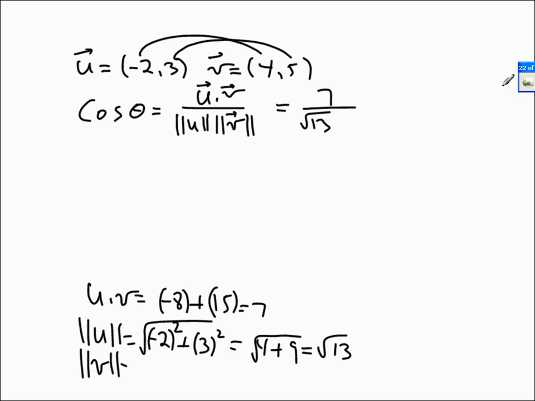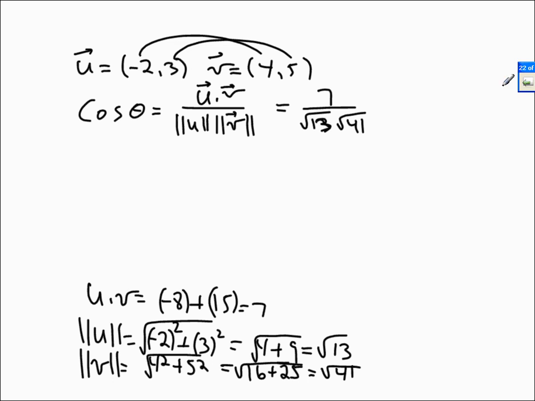You square the 4, you square the 5, you take the square root. 4 squared is 16, 5 squared is 25. You add those two numbers, you get 41. The square root of 41. You can't simplify that denominator.